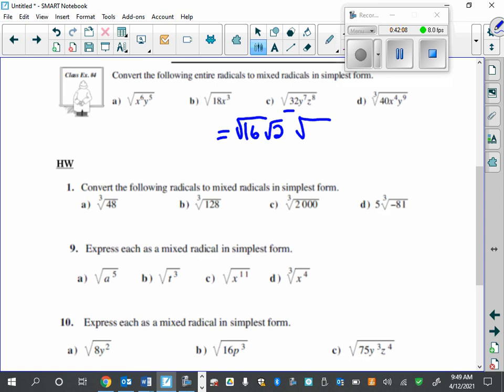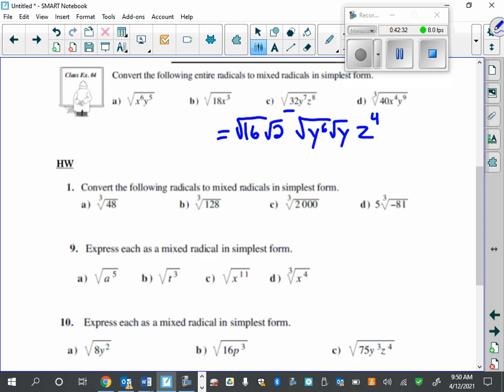Y to the 7th is y to the 6th times y. And the hard one is z to the 8th is actually a perfect square. What times itself equals z to the 8th, everyone? Z to the 4th.